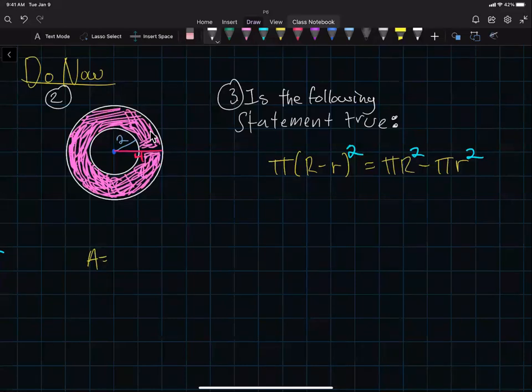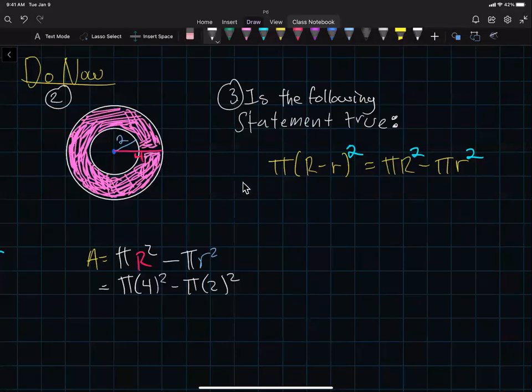So the area of the larger circle, which is pi, and let's make this r squared, and then minus pi times the smaller circle squared, which if we simplify is pi 4 squared minus pi 2 squared, right? So you're taking the area of the larger one and then subtracting from it the area of the smaller one. That's basically what's going on, right?